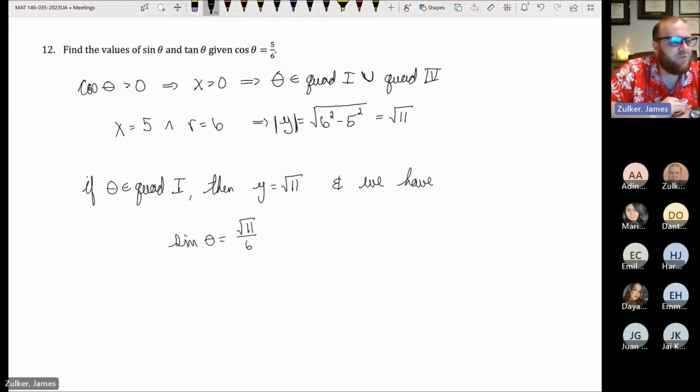That would mean that sine of theta is root 11 over 6, and tangent of theta is root 11 over 5.